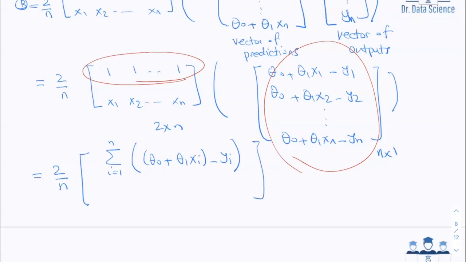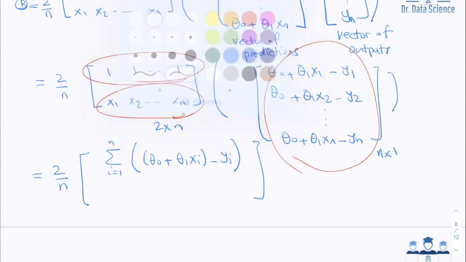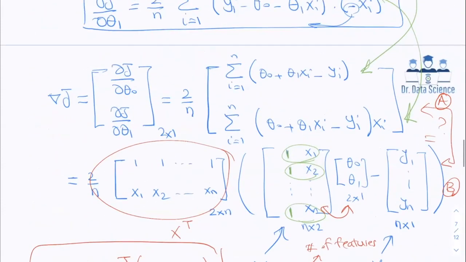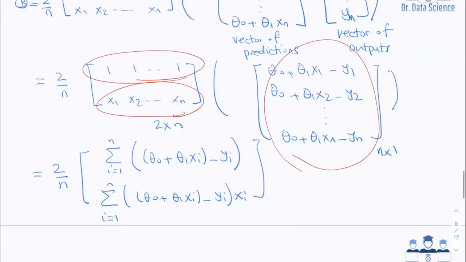And the only difference for the second one, when you multiply this second row by that column, is that now we have summation from 1 to n of theta 0 plus theta 1 xi minus yi times xi. If you look at this simplified form, it is exactly the same as A that we named here. So this means that B is equal to A.